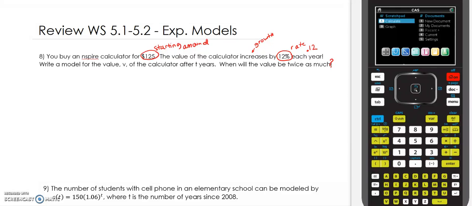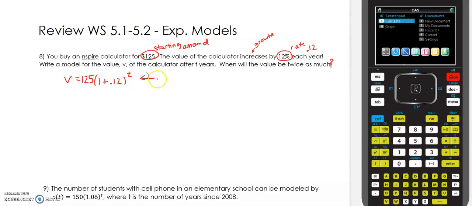So now if we look and we think about the growth, I'm going to have 1 plus a rate. All right, so that's always my growth factor. And we want it with V. We always want the starting amount in front of the growth factor, and then our variable for the exponent, t.